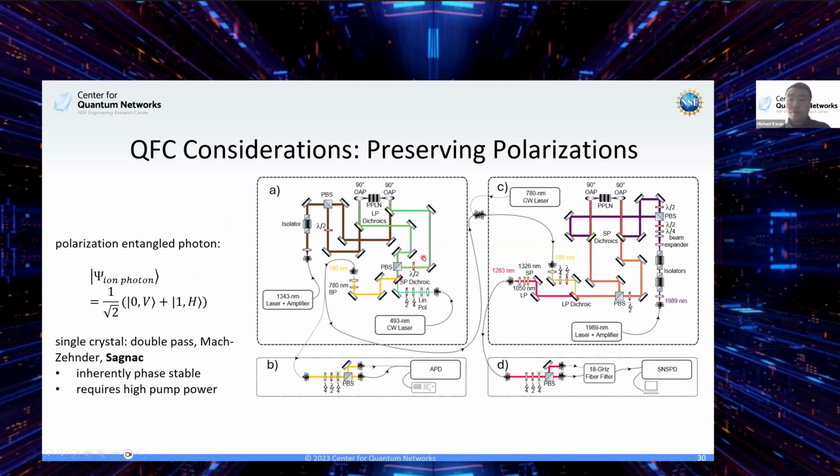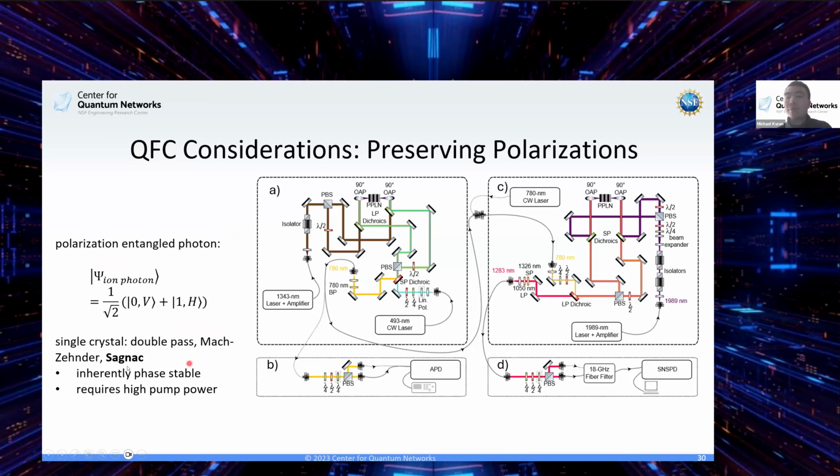Another consideration for us is that we need the QFC to be polarization preserving, because our photon is polarization entangled. And there are several different types of configuration that can provide polarization preservation using a single crystal.